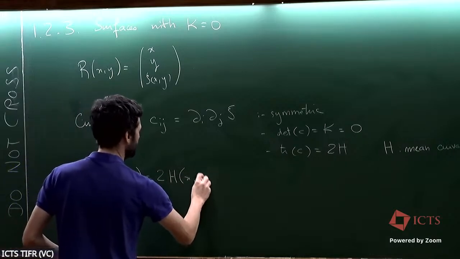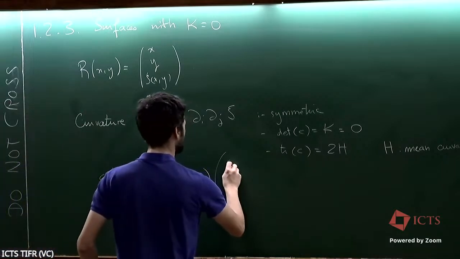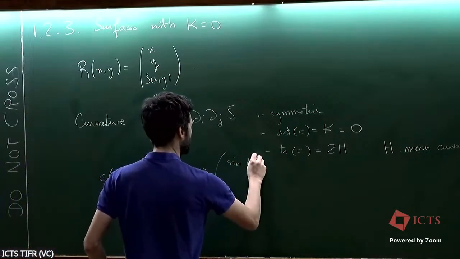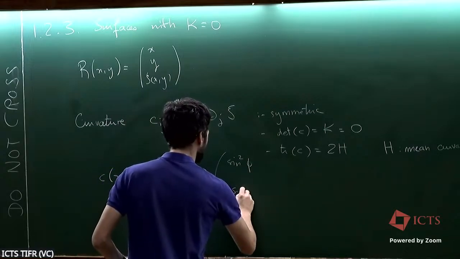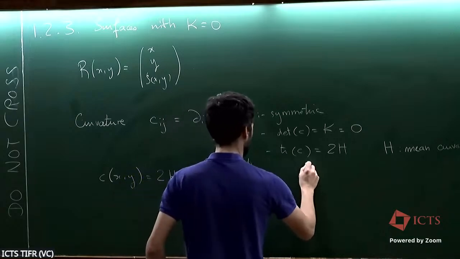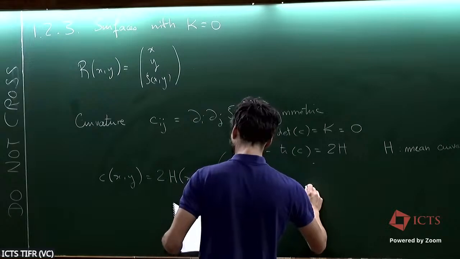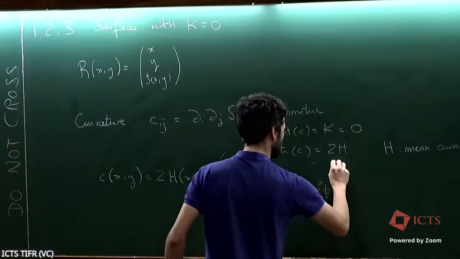H actually depends on the coordinates. Then I can parameterize the matrix with sin squared phi, minus sin phi cos phi, here the same because it is symmetric, and here cos squared phi.